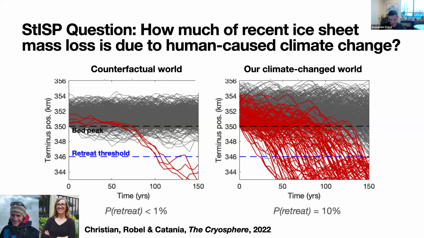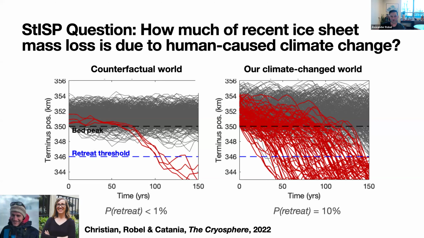This work was led by a former postdoc, John Christian, who's now just started a faculty position at the University of Oregon. On the left, he showed a world in which there's climate variability. This is just an idealized glacier model, a world in which there's no climate change, but there's random climate variability.